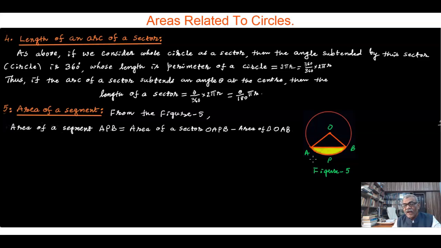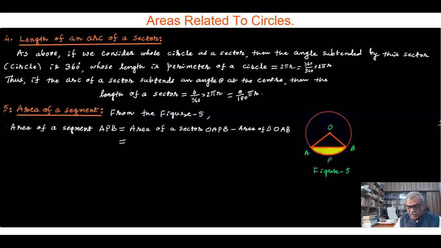We came to know that finding the area of this segment is easy, because we know the formula for the area of the sector, and we also use the formula for the area of the triangle.